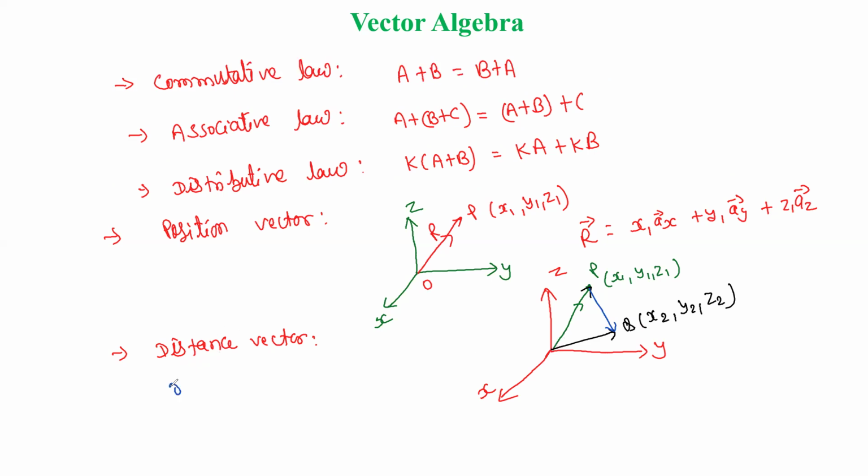The distance between these two points P and Q we can write as x2 minus x1, which is the x component, along the ax unit vector, plus y2 minus y1 along ay, plus z2 minus z1 along az. Like this, we are able to find the distance between two positions. So here we have discussed vector algebra and some basic properties and how we are able to find them.